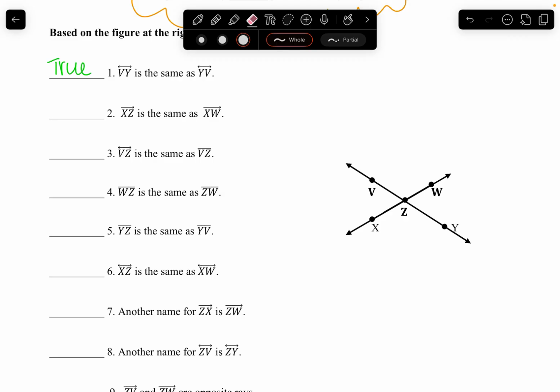Okay. All right, let's look at this next one. It says ray XZ. So with ray XZ, I know for a fact the endpoint is X and Z is this direction. So that is ray XZ. It says ray XZ is the same as ray XW. Well, here's X and W is also over here.